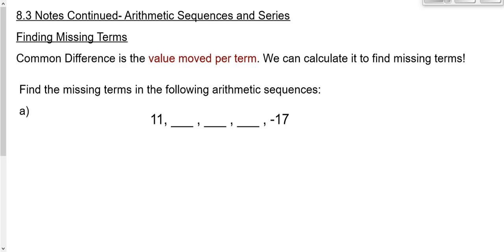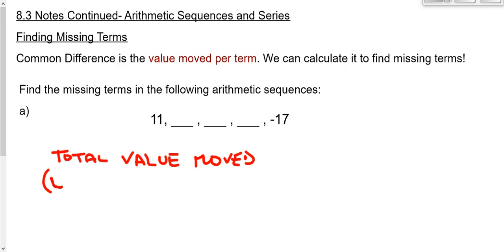So let's start with the total value moved. In order to figure out the total value that we've moved, all we have to do is take the last term and subtract the first term.